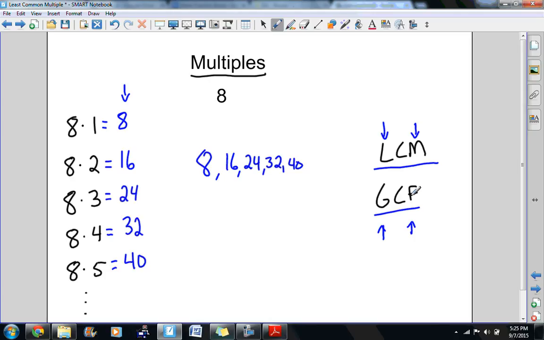So you have to be looking for numbers that are smaller than your starting number, and you are looking for factors of them. Whereas least common multiple, you have to be using multiples. You have to be multiplying. You're looking for bigger numbers, and you want the least of them. If you were looking for the greatest common multiple of two numbers, that would be impossible because these multiples can go on forever. So remember, when you are looking at them, really focus on the last letter and then the first one, okay?